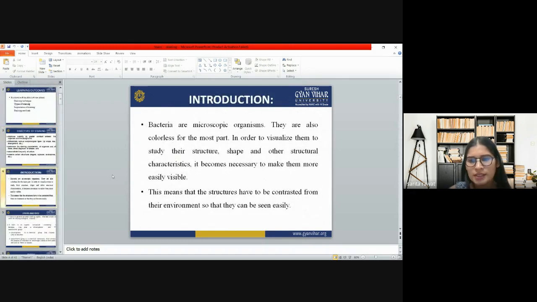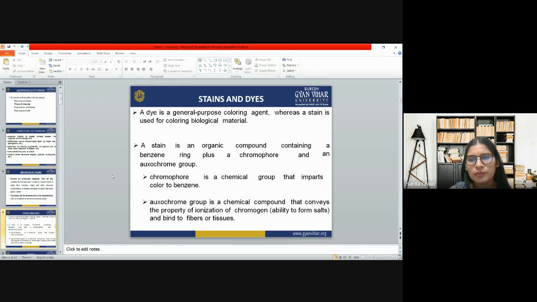As you can see, staining techniques are very important for checking or to know about the morphology of any bacteria, virus or any microorganism, so that we can know their structure, their properties, their morphology. So staining techniques play a vital role for them.